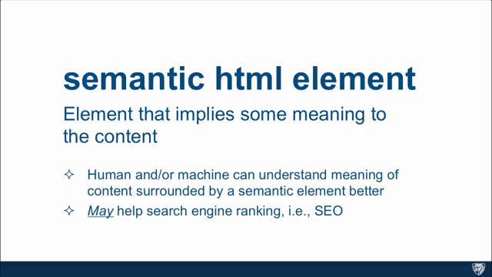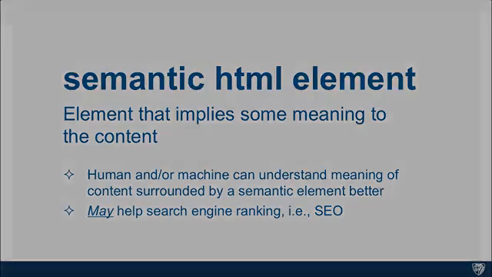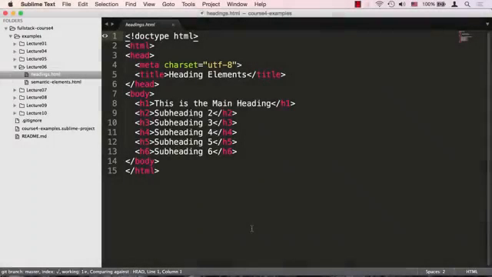Now, let's take a look at an example of the first type of semantic tags that we're going to look at, the headings. Okay, so here I am in Sublime Text, and I am in the examples lecture 06 folder looking at the file called headings.html. And this is a very simple HTML document.